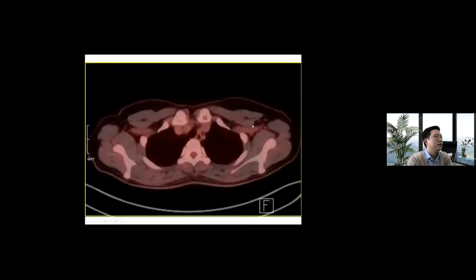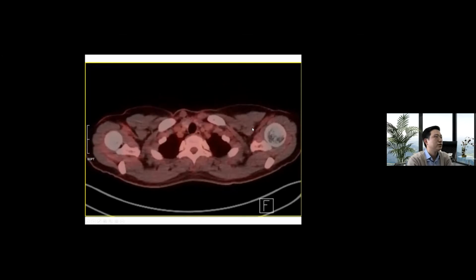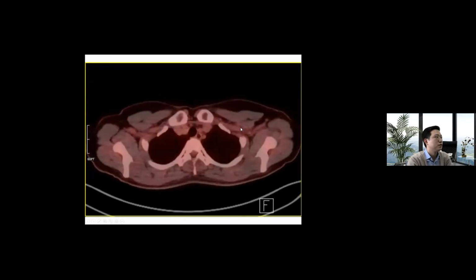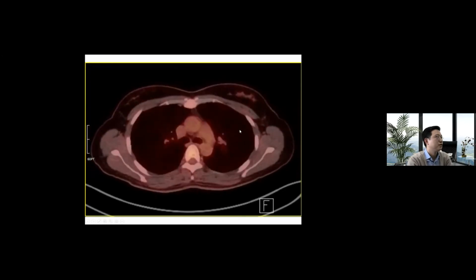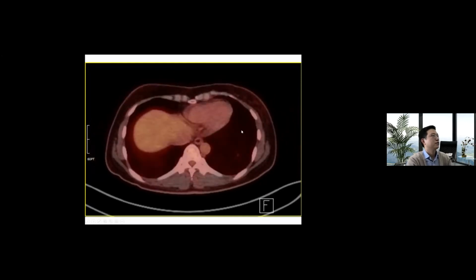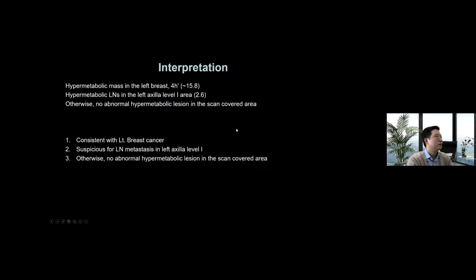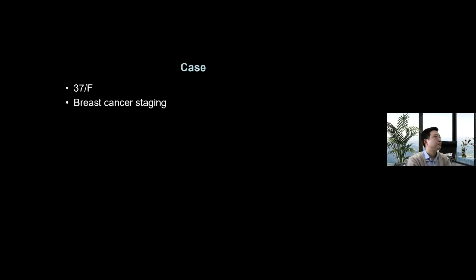Other than that, you don't see any suspicious uptake or enlarged lymph nodes here. So the interpretation will be left breast cancer with suspicious left axillary level 1 lymph node metastasis without distant metastasis.